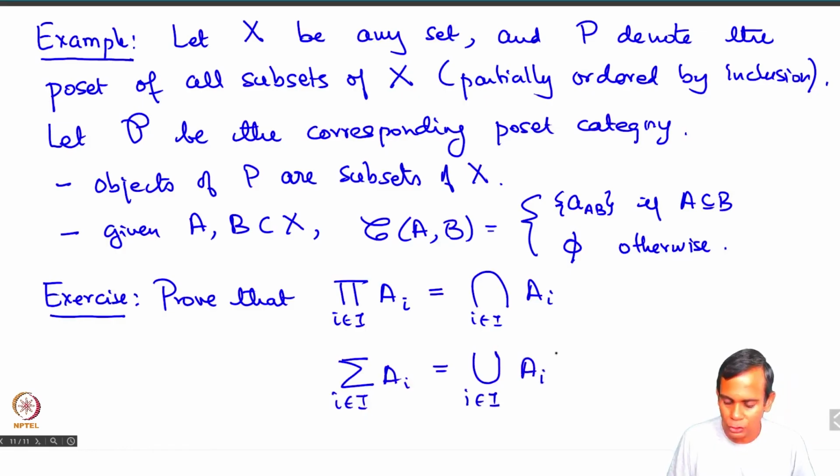And here I don't mean disjoint union. They're just subsets of the set X. You take their union inside X. So that's again a subset of X.